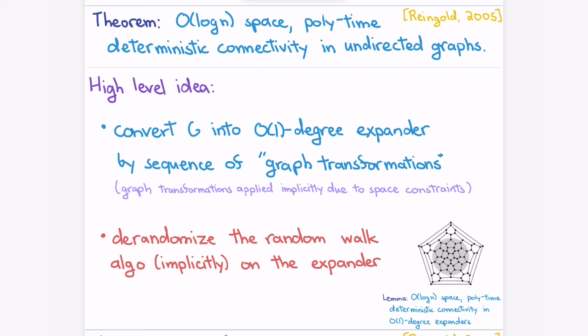But then you'll have oracle access to a constant degree expander, and you can enumerate walks on this expander. Enumerating walks on this expander, underneath all of those graph transformations, will be doing some kind of walk in the original graph, although it's hard to think about it.